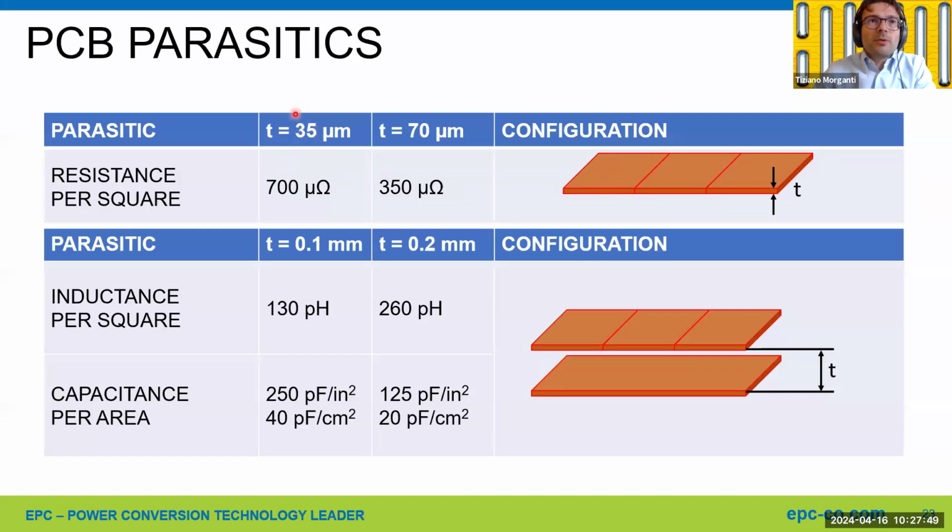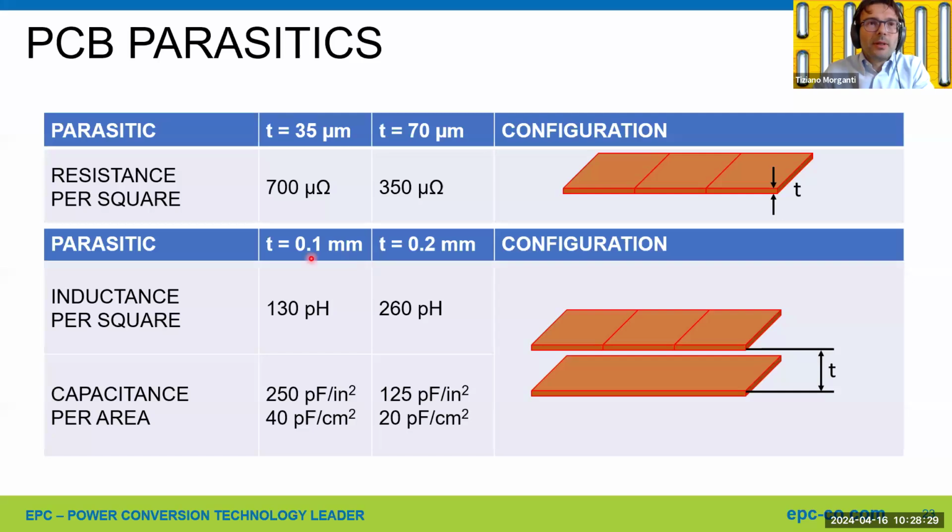In this case, with 1 ounce copper, the resistance per square is 700 micro-ohm. With 2 ounce copper it is 2 times less, so it's inversely proportional to the thickness of the copper. In terms of inductance, it is also a specific inductance per square, but the configuration is the one shown here. You have a path and a return plane on the bottom side, and the thickness T is now related to the insulation thickness between those two layers.